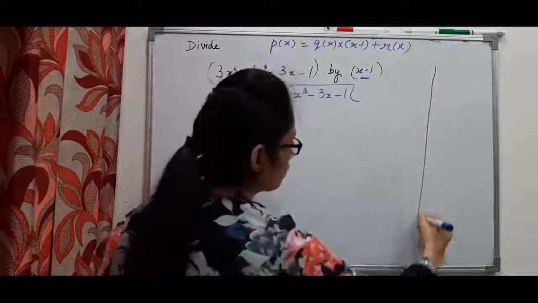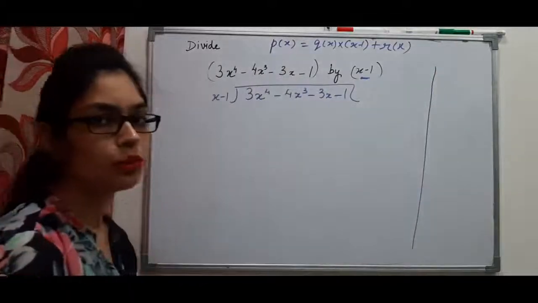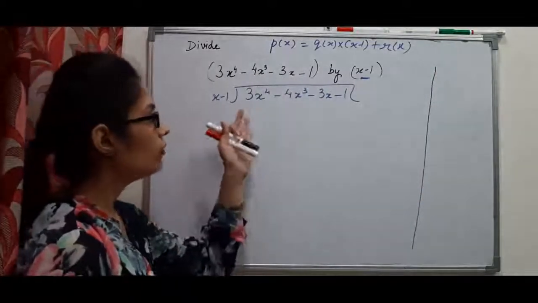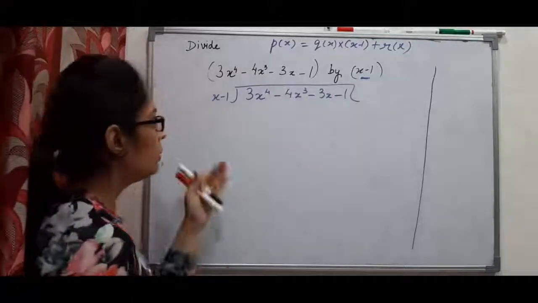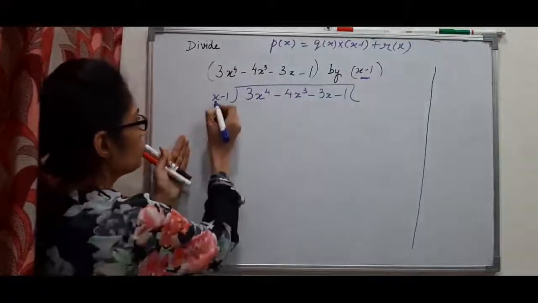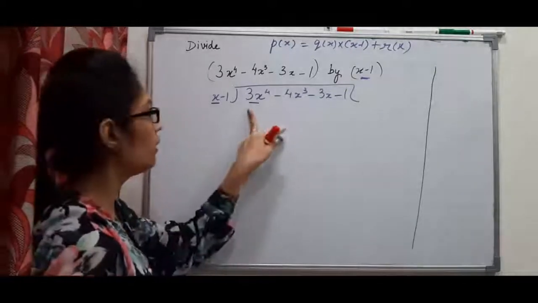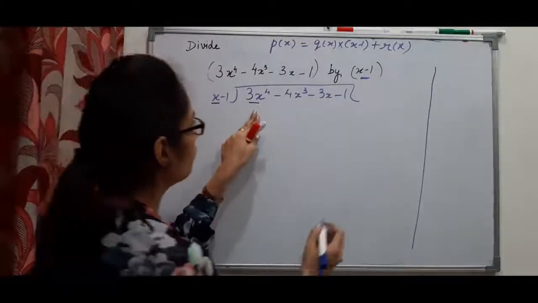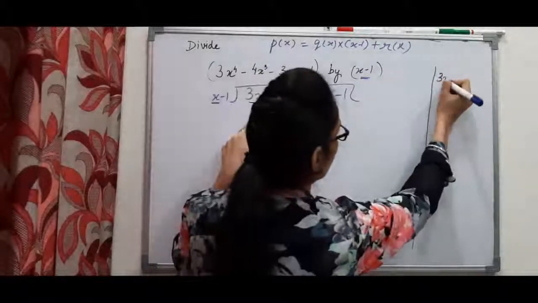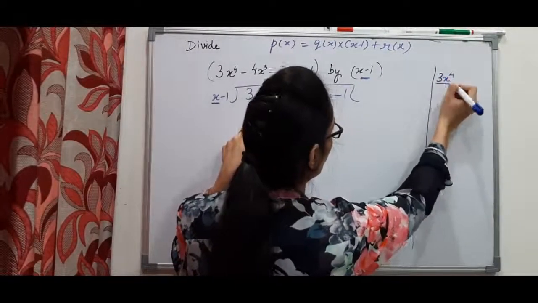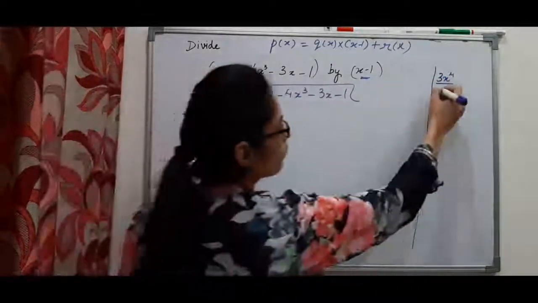We'll just do rough steps also to make you understand how we are performing each and every step. So first, once you are starting, just look at these first two terms, inside term and outside. So write down here 3x to the power 4 and x.